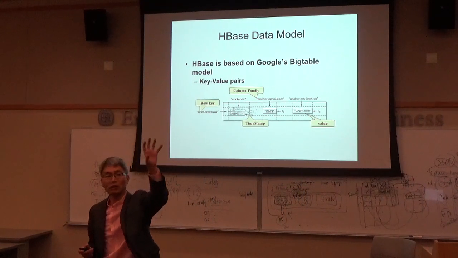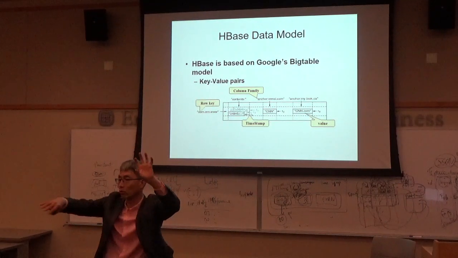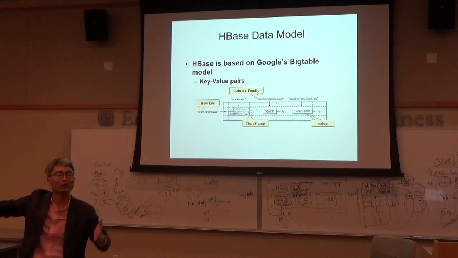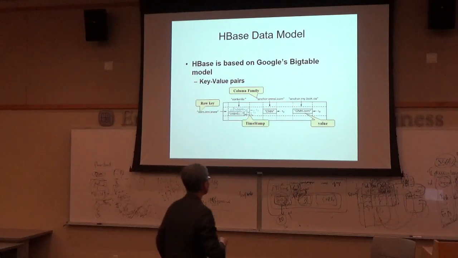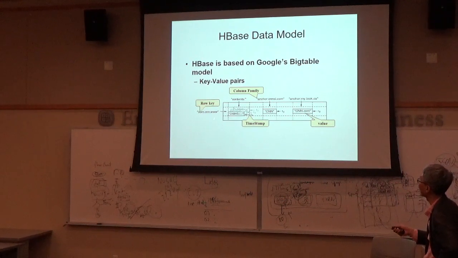It's the opposite way. So to store and search the data, we can use the reverse of the domain name. So this is a row key.